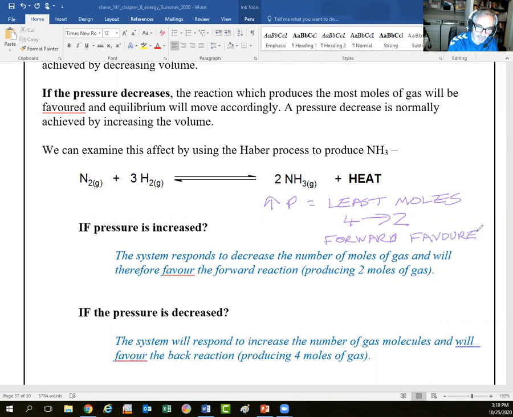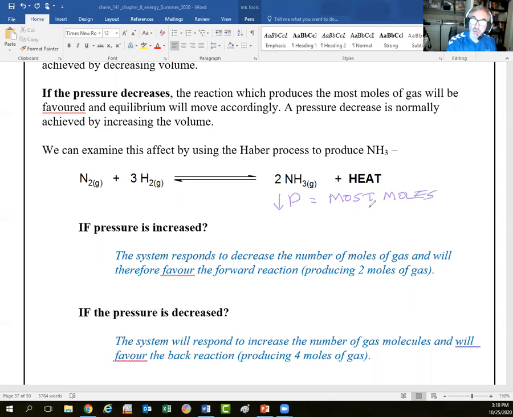Conversely, we can decrease the pressure. If we decrease the pressure, it's the opposite effect, and equilibrium is going to move in the opposite direction. So that decrease in pressure favours the reaction which produces the most moles of gas. That's our mantra. Decrease pressure, we're looking for the most moles.